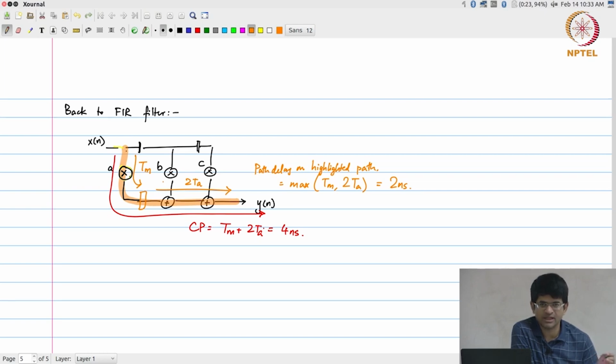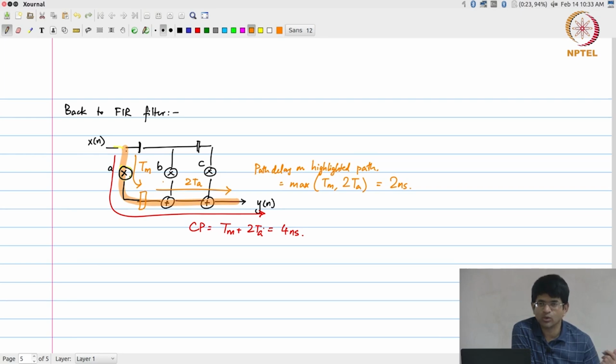If I could similarly find all the paths that have delay greater than 2 nanoseconds and break them so that no path is longer than 2 nanoseconds, then potentially the critical path of my entire circuit would be 2 nanoseconds rather than the 4 that I originally had.